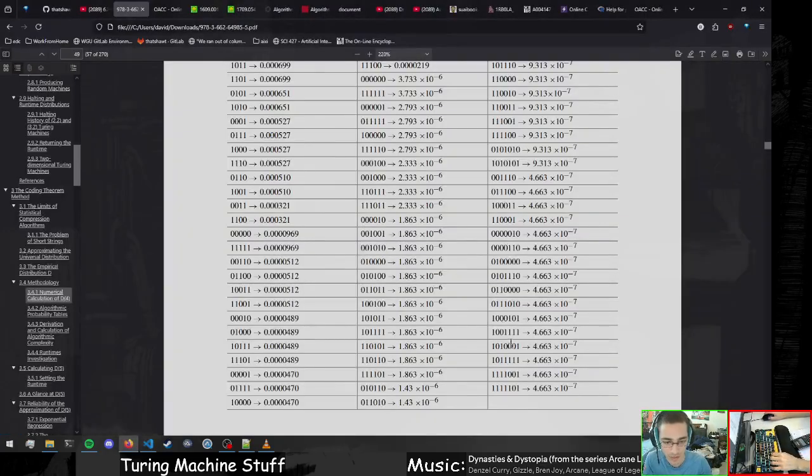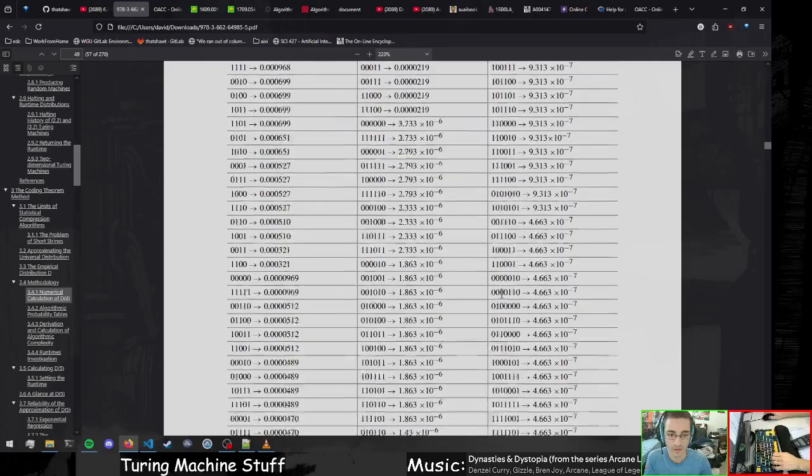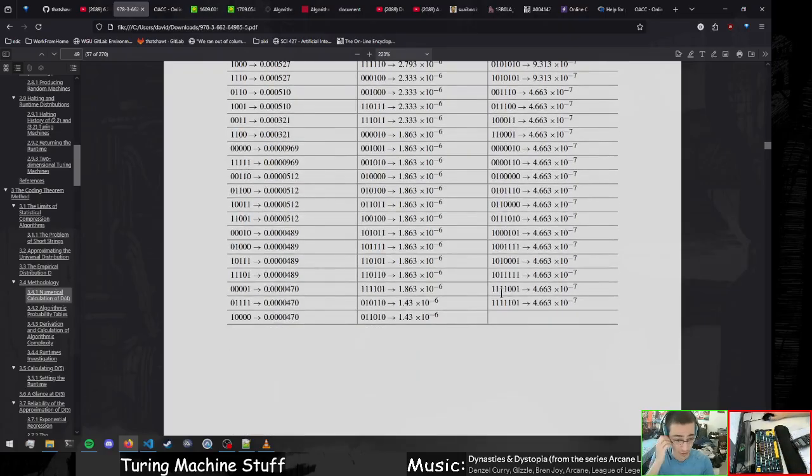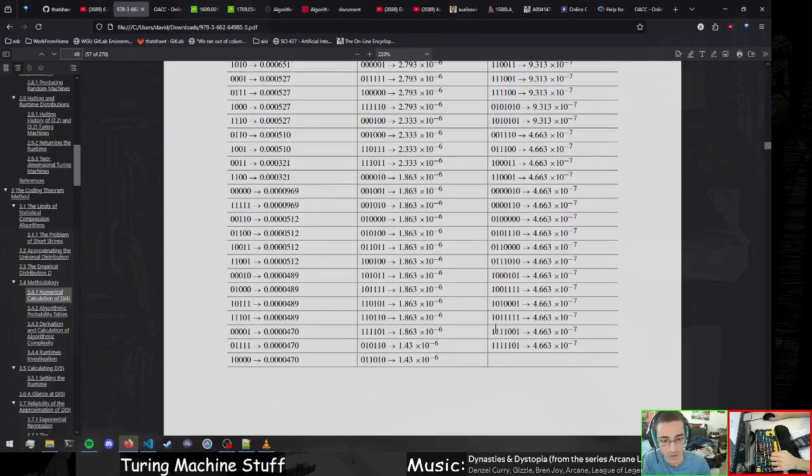So let me count how many length 7 strings they got. If they got 7 of them, I might have to do some number calculations. Alright. So, okay.